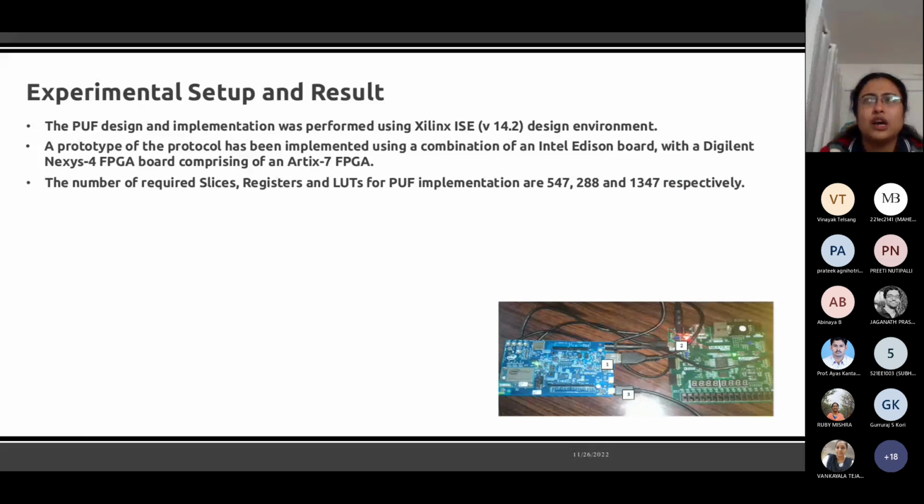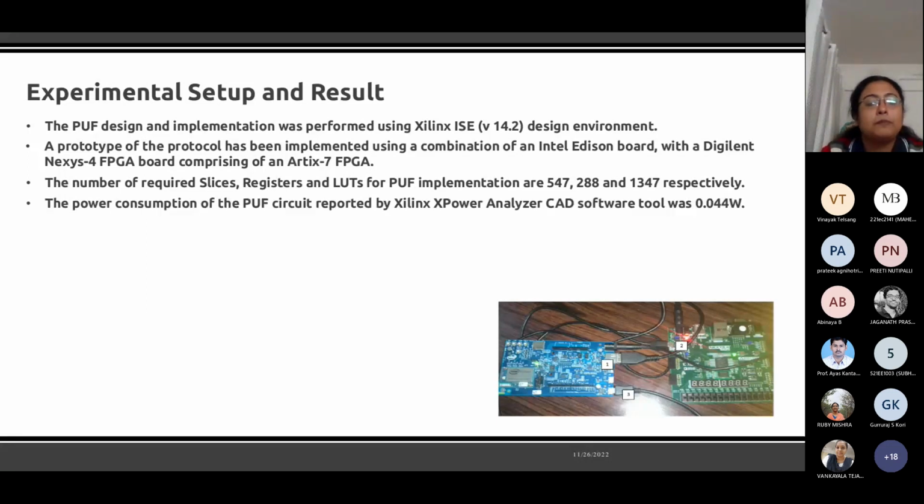This time I have used LSPUF, lightweight secure PUF. For LSPUF, it took around 547, 288, and 134 slice registers and lookup tables. The power consumption of the PUF circuit reported by Xilinx XPower Analyzer was 0.044 watt.